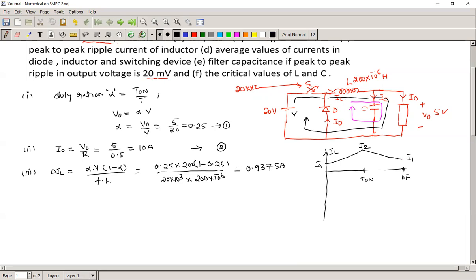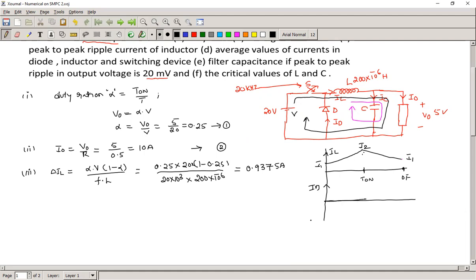So we need the average value of current in the diode and inductor. The inductor waveform we already know. For the diode current, when the switch is on, the diode current is 0, because the diode is not carrying any current.